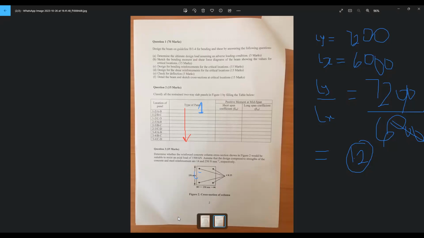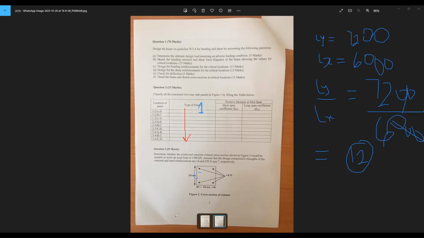We said panel 1 is two adjacent edges discontinuous. Then under two adjacent edges discontinuous, you can see a negative moment at continuous edge, and you can see a positive moment at midspan.